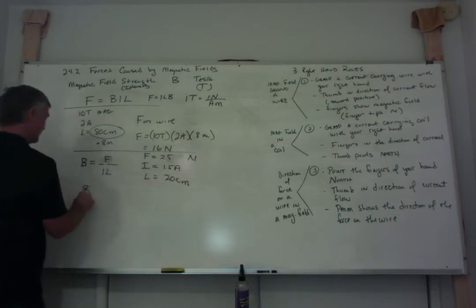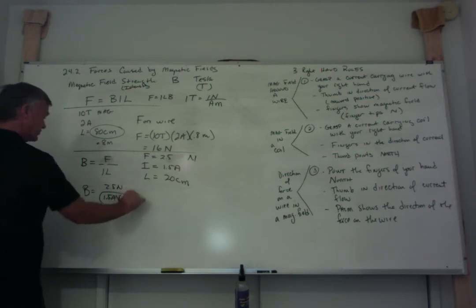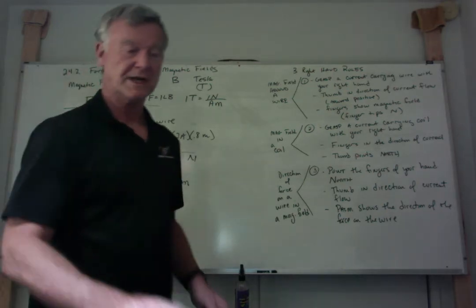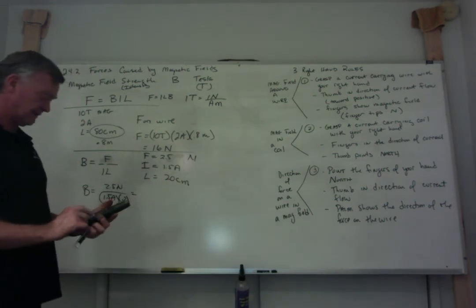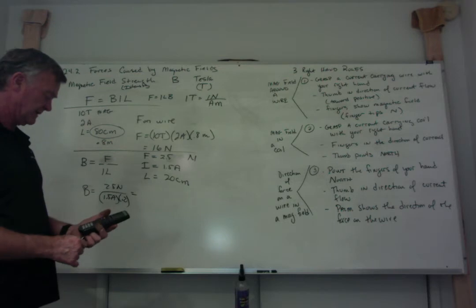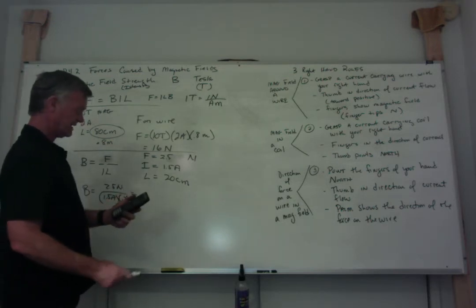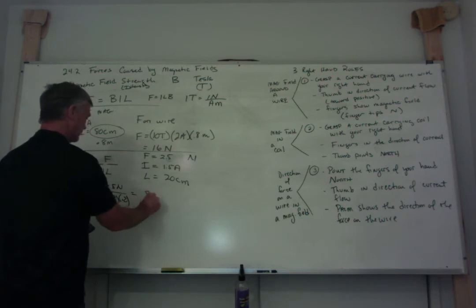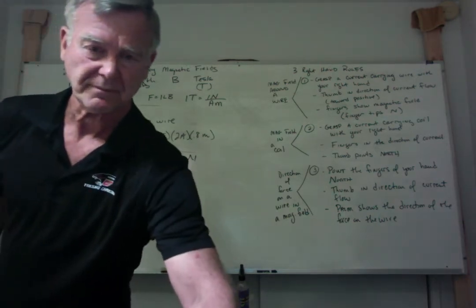In that case, our magnetic field strength would be 2.5 newtons divided by 1.5 amps, and 20 centimeters would have to change to 0.2. And we would end up with 2.5 divided by 1.5 divided by 0.2, and we'd end up with a magnetic field strength of 8.3 Teslas. So it's pretty simple.